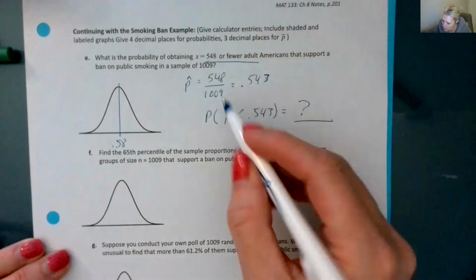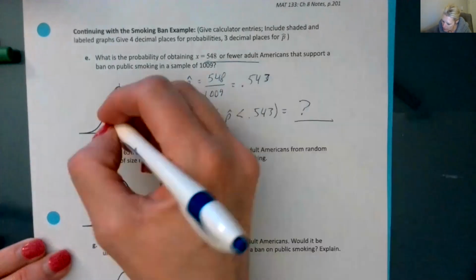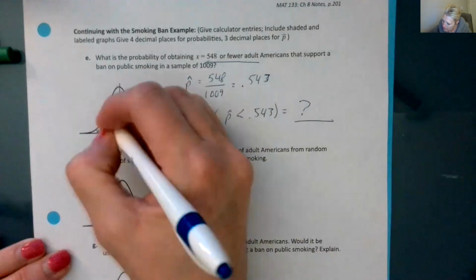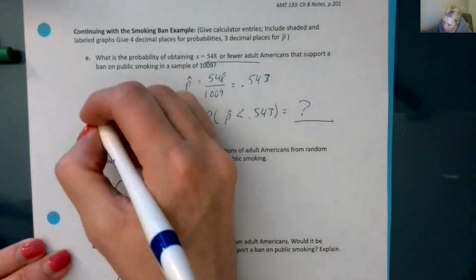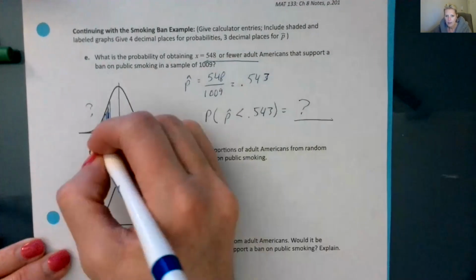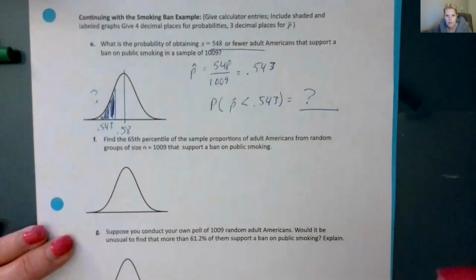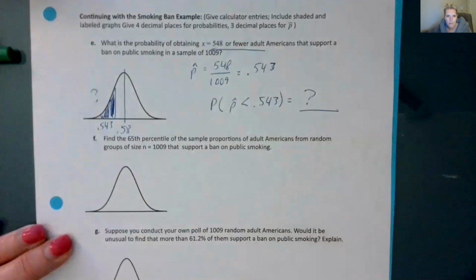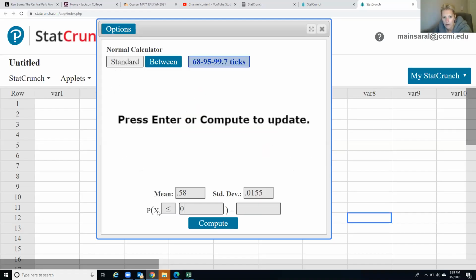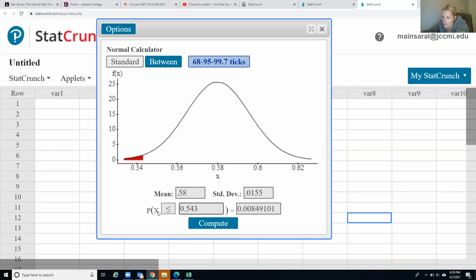So we're going over here and we're saying, what is the probability of this 0.543? So let's check that out in StatCrunch here. So we're changing this to a less than, and this is 0.54. And that is about 0.00849. So not very likely.